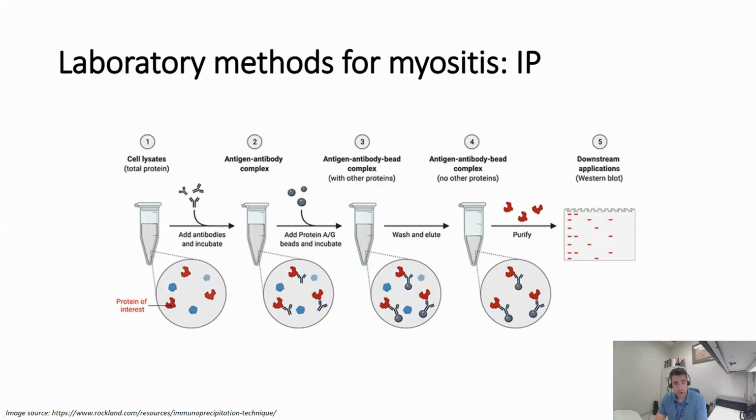Then we add AG beads, which will bind to our proteins of interest. That will form a complex, which we're able to wash and elute, and then subsequently purify to then identify using Western blot the specific myositis autoantibodies, so MDA5 or SRP or what have you.